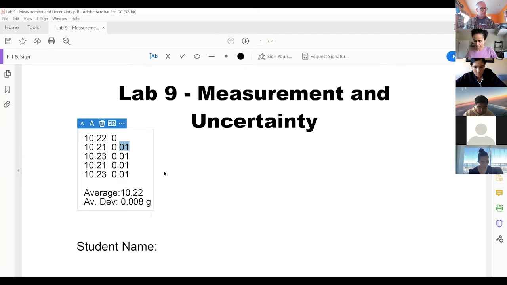We'll see. 9.80. Yeah, there's a definite difference. The second cup is significantly lighter than the first one.